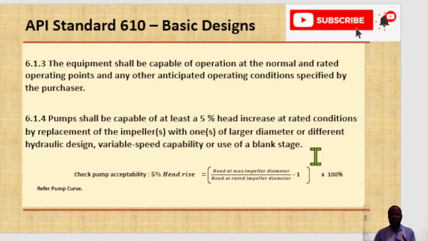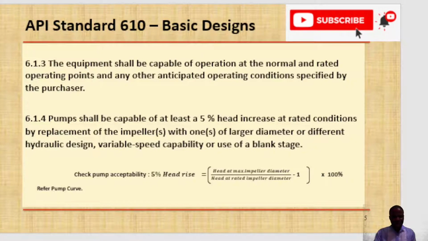And remember, I told you, as per API 610, when you see the word shall, it means it is mandatory. So the equipment shall be capable of operation at the normal and the rated operating points which you have specified.